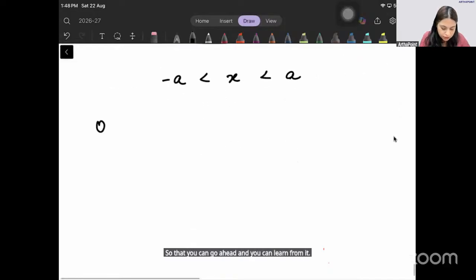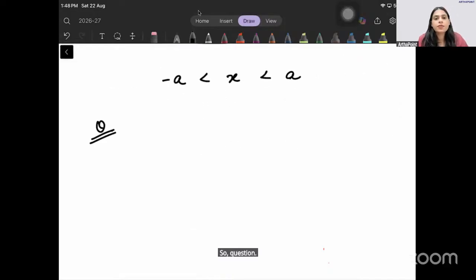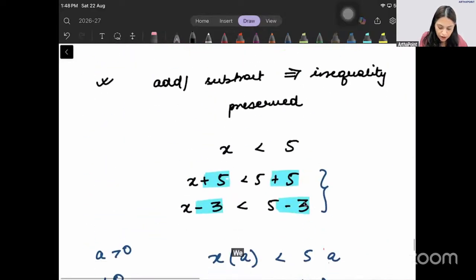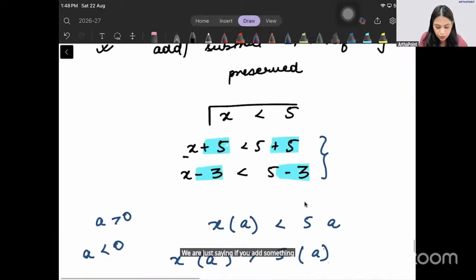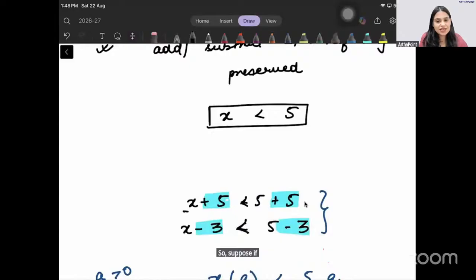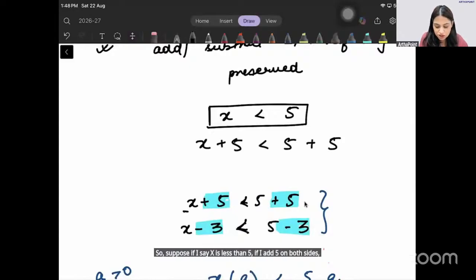So, question. Add, subtract, multiply once more. Nothing we have done. We are just saying if you add something to the inequality, it remains unchanged. The inequality sign remains unchanged. So suppose I say x is less than 5, if I add 5 on both sides, nothing will change. x + 5 is less than 10.